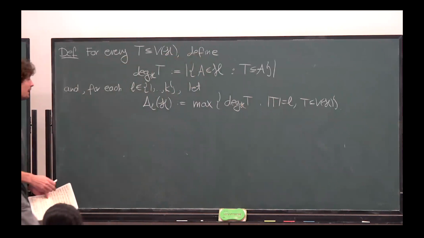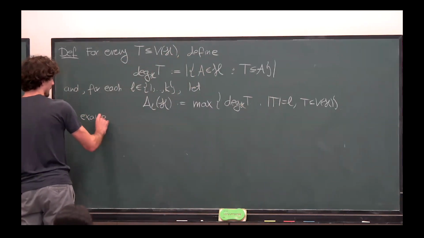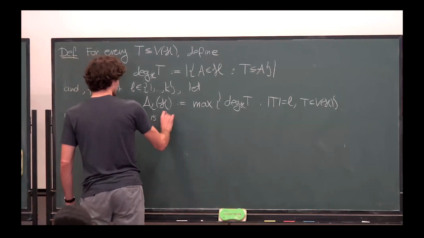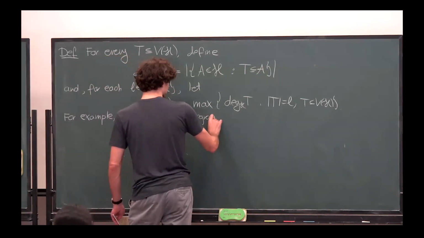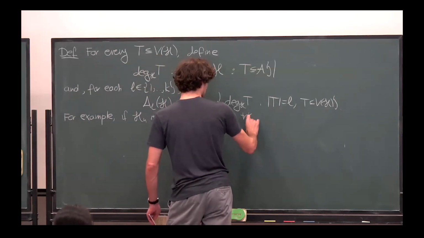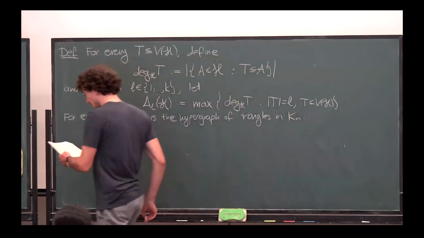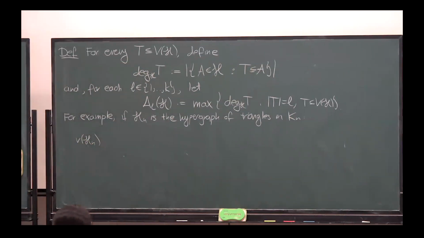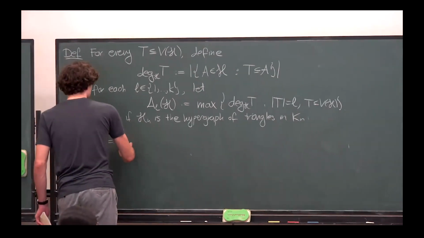So let's give an example. If Hn is the hypergraph of triangles, what is its number of hypervertices? We said that hypervertices are the edges of the complete graph. So it's simply n choose 2.